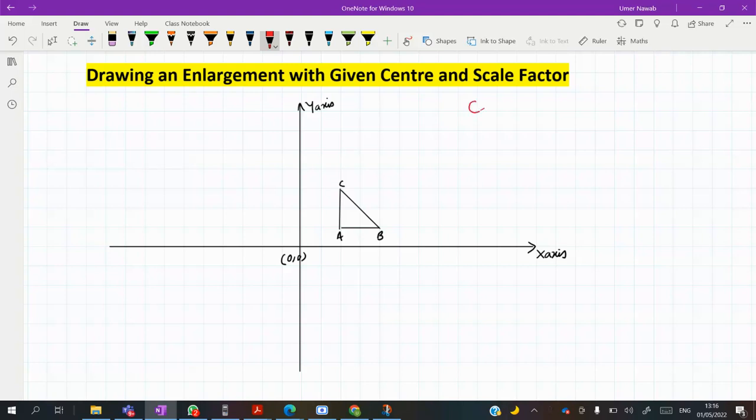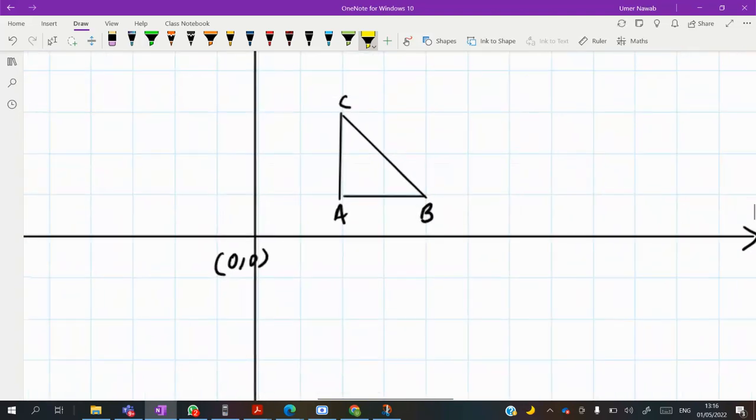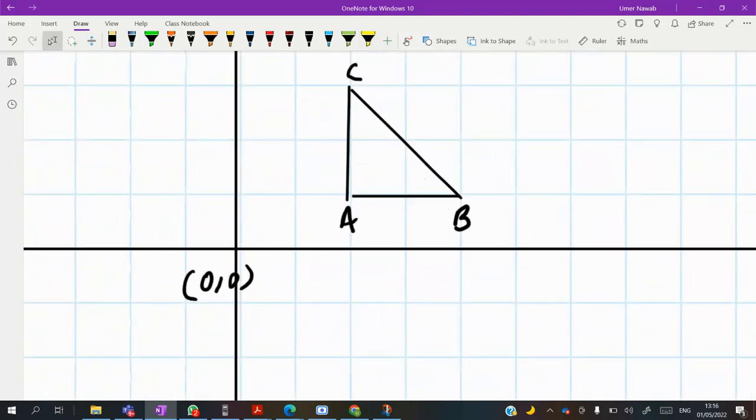The examiner has given you the center 0, 0, which we call the origin, and the scale factor, he has given you 2. Now, since the center is 0, 0, let me write the coordinates according to the origin.